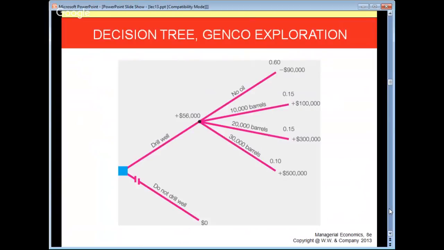Okay. Here we have another decision tree, and this is about Genco Exploration. They're an oil exploration firm, and they look for oil. They found all the evidence that there might be oil in a certain spot.